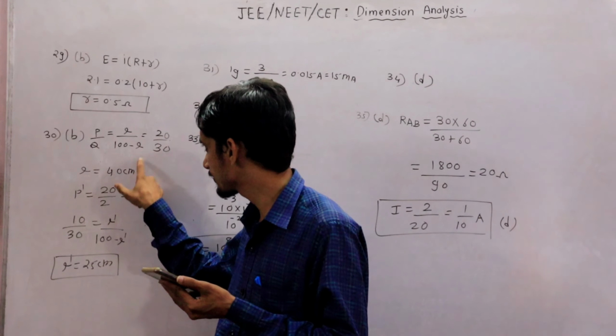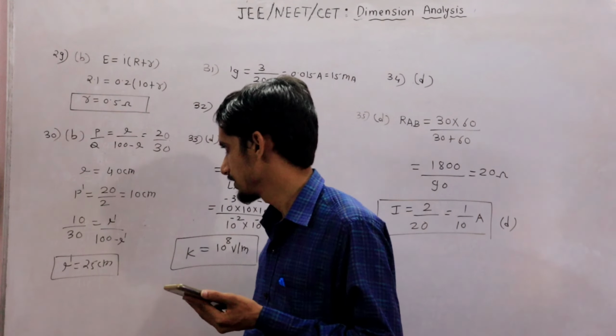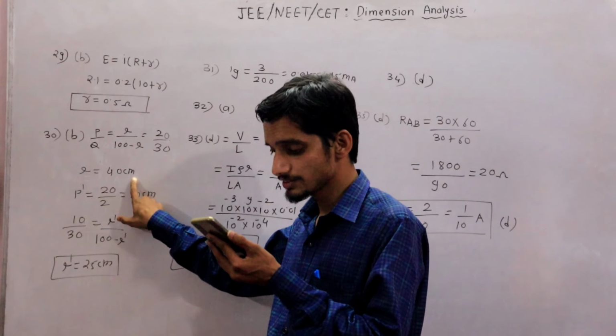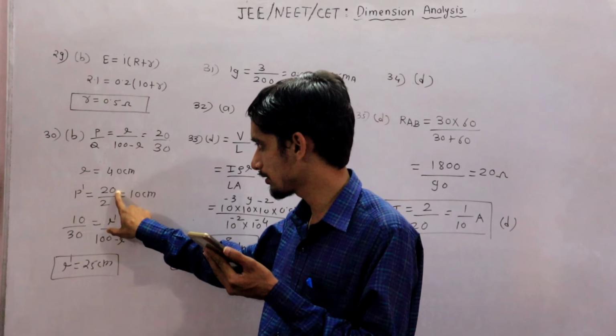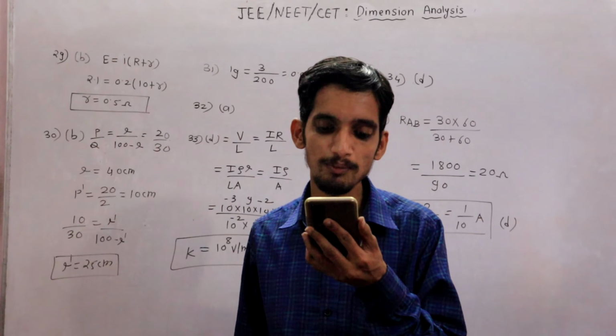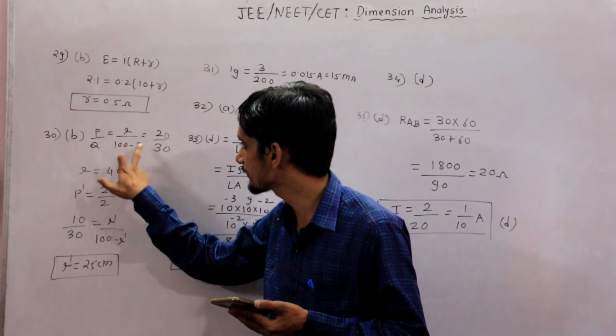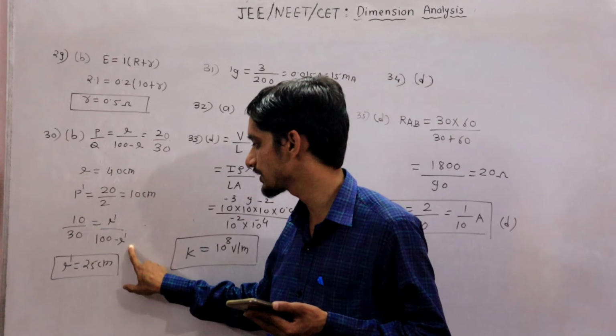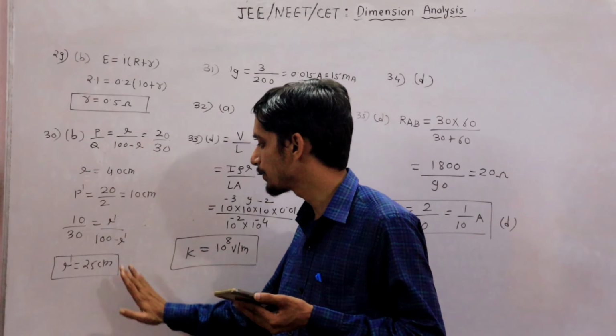Now L, after solving this, you are getting L is 40. Now, in the problem they are asking when the resistance in the left gap is reduced to half, so left gap resistance becomes 10. So now 10 by 30 is L' by 100 minus L', so new length becomes 25.